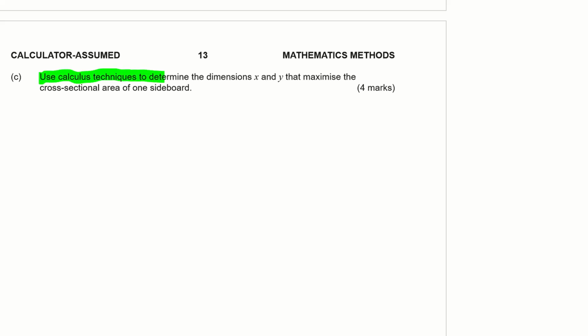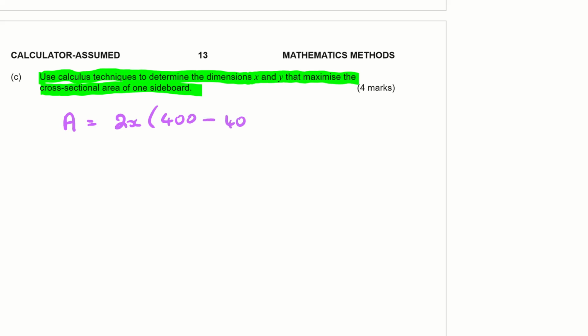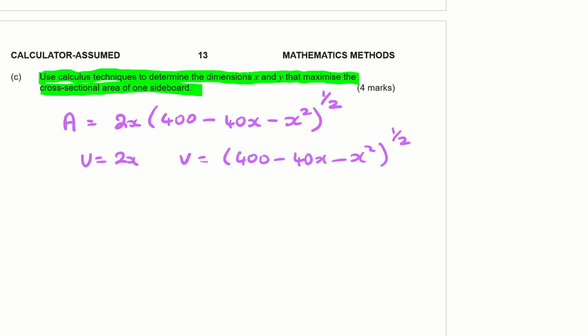Use calculus techniques to determine the dimensions x and y that maximize the cross-sectional area of one sideboard. So we have that the area is 2x times 400 minus 40x take x squared to the power half, and that is a product. U is 2x, V is 400 minus 40x take x squared to the power a half.